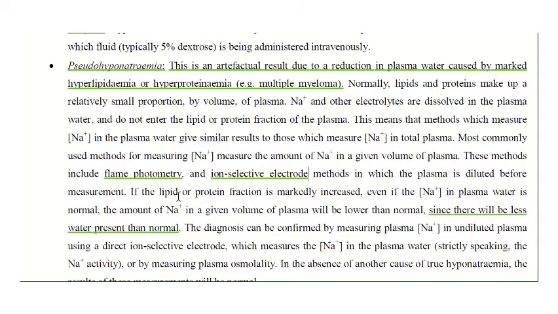If the lipid or protein fraction is markedly increased, even if the sodium concentration in plasma water is normal, the amount of sodium in a given volume of plasma will be lower than normal, since there will be less water present than normal.